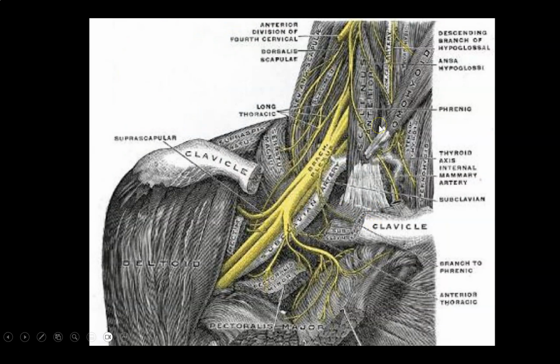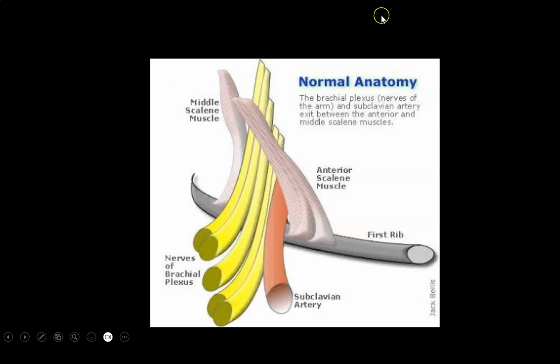This is a view showing how the brachial plexus passes from the neck behind the clavicle down to the arm, and first of all here we are displacing the sternomastoid anteriorly. We find a muscle called the scalenus anterior and a nerve on this muscle, which is the phrenic nerve, stamped on the surface, and then behind this muscle we have the brachial plexus and the subclavian artery, between the scalenus anterior and the scalenus medius, the neurovascular bundle.